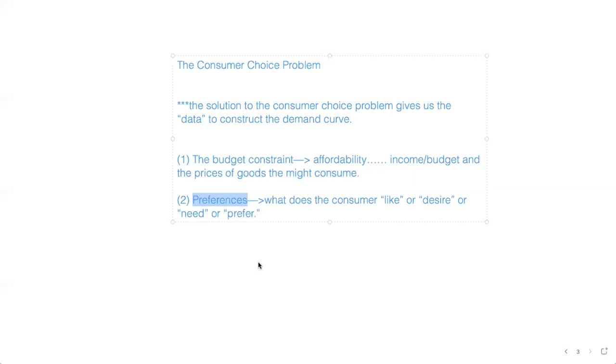And really, if you're trying to disentangle affordability from preferences, just remember the preferences tell you not only what you like and what you don't like, but they also tell you what you would choose if you had every possible choice available to you.